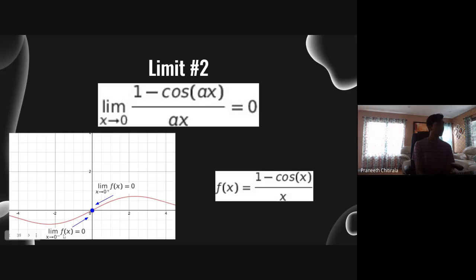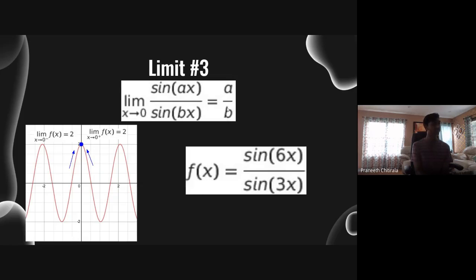And the limit as f of x approaches 0 from the negative side is 0 right here, and from the right side, the limit is also 0, meaning that the actual limit of this function is also 0.